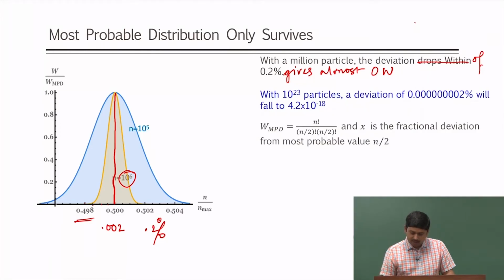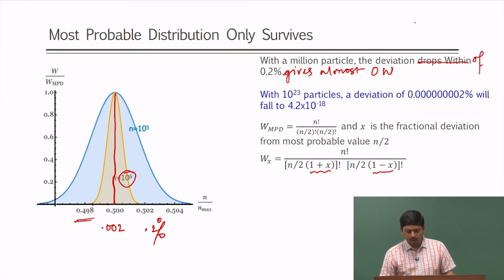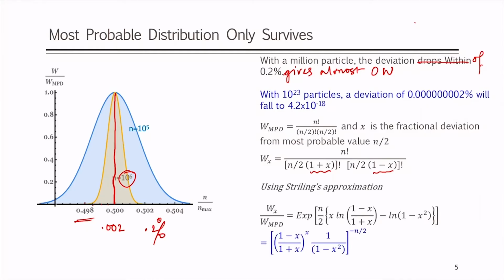One can do a little bit more mathematical calculation and show that the deviation can be denoted as x, and I can use deviation as plus x and minus x. Using Stirling's approximation we get this kind of formula. By the way, this number I got above is not possible to even calculate using Mathematica or other software, because 10 to the power 23 is so large.